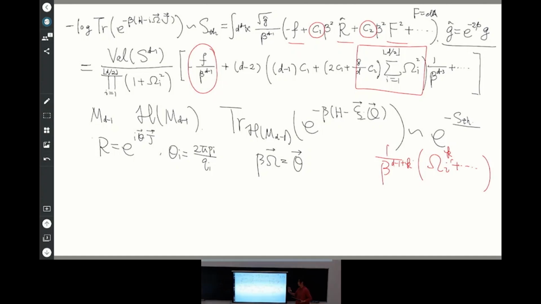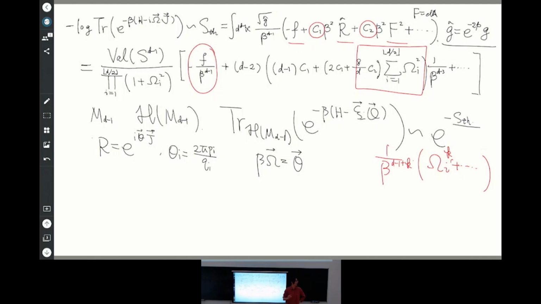So terms with very, very high derivative order would be as important as the first term. The whole expansion would be completely reshuffled. This is a sign that the original thermal effective theory would break down if I naively substitute beta omega to be theta.